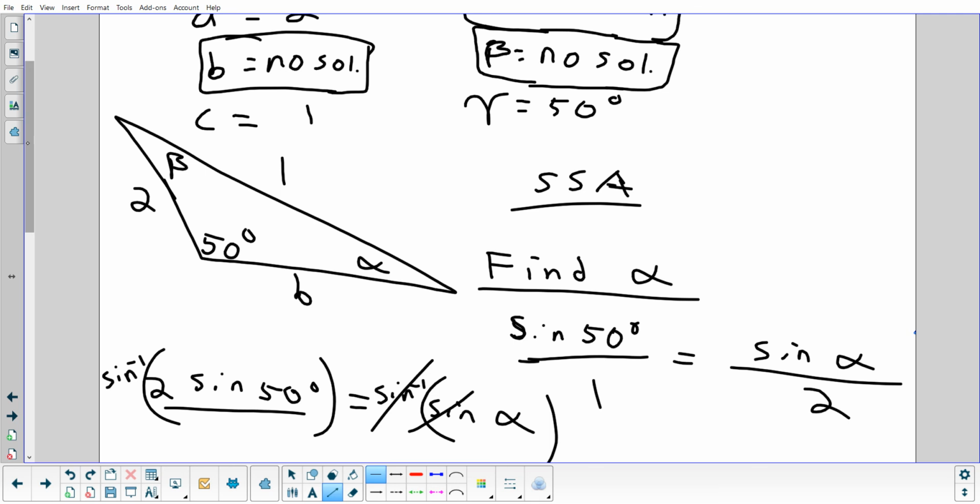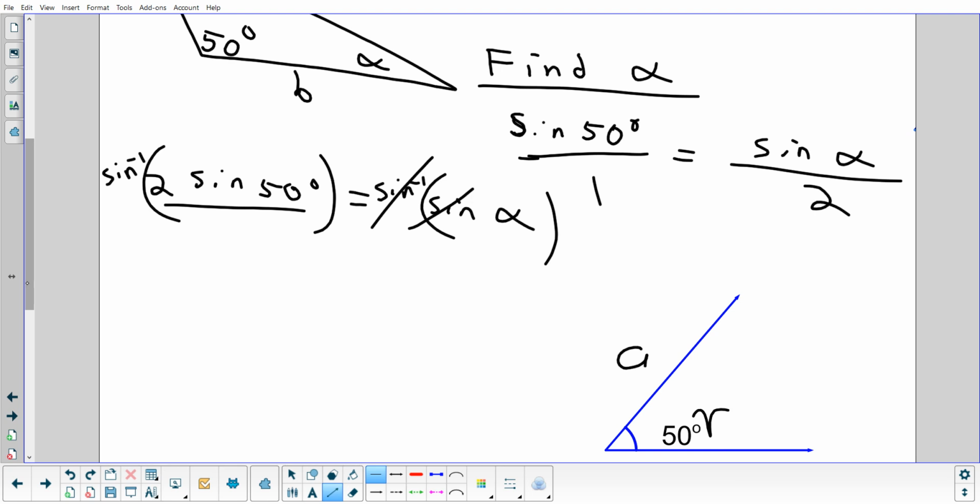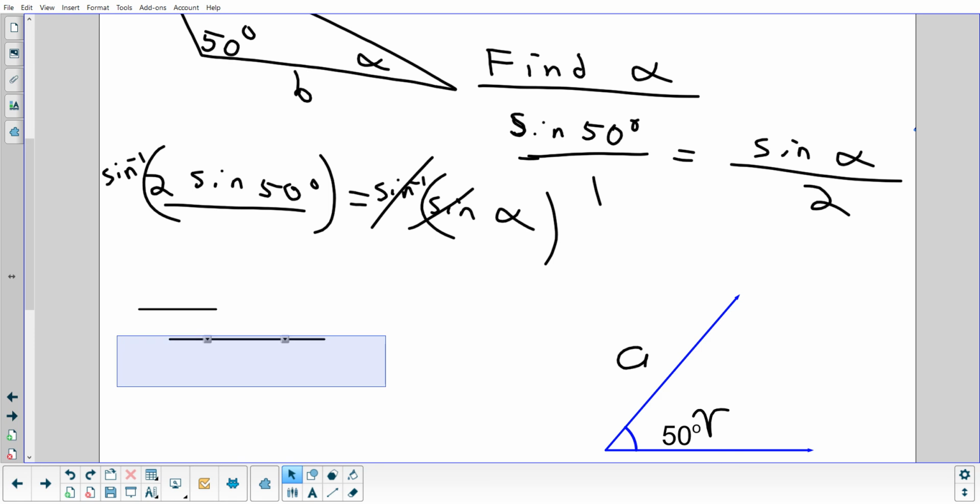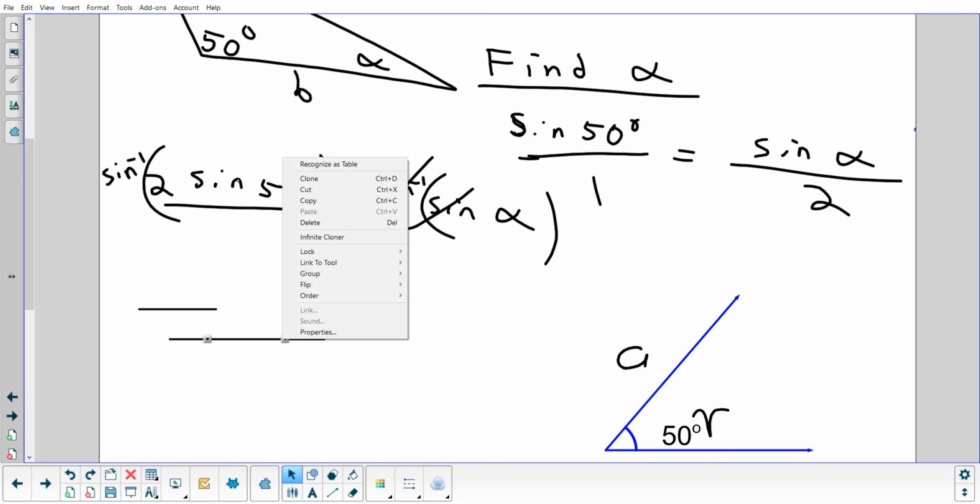Because this side is 1, this side is 2. So let's call this 1, and then let's put a couple of them together and make something that's 2. So now you have a side that's exactly 1 and a side that's exactly 2. Okay? That's all. So let me group those together.